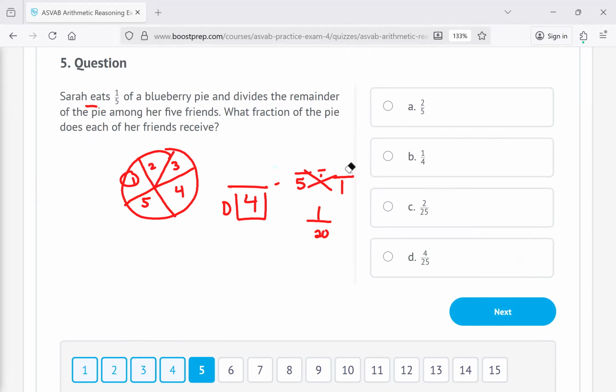Okay, so scratch that. Imagine you have a pie that has 5 pieces, and Sarah eats 1/5 and divides the remainder of the pie among her 5 friends. Oh, I see. So you're just dividing it by 5. So it's still a complex fraction.